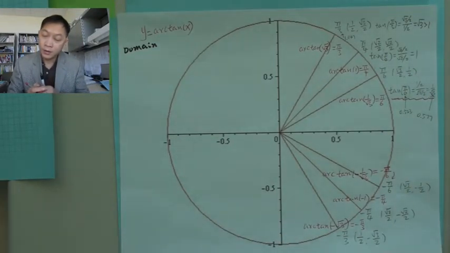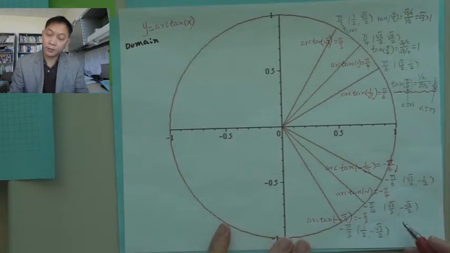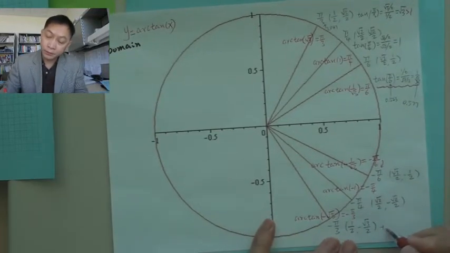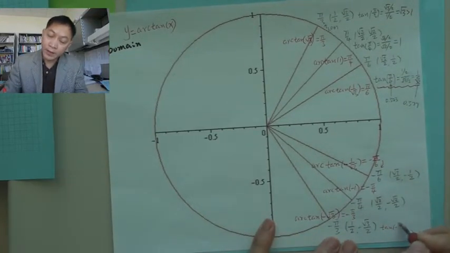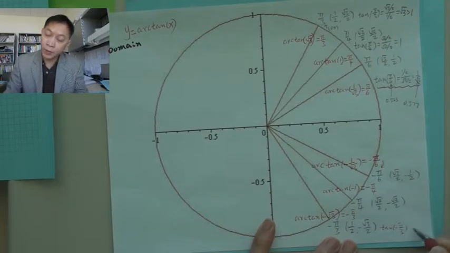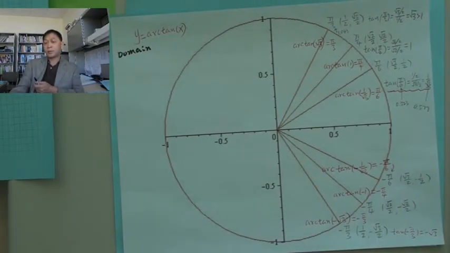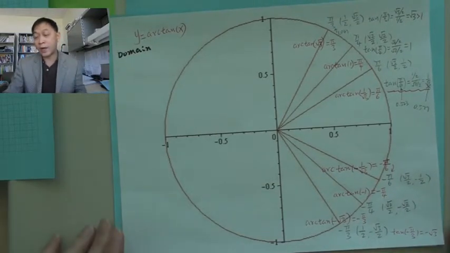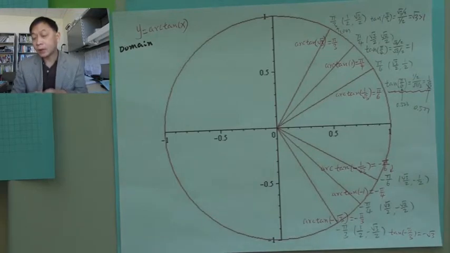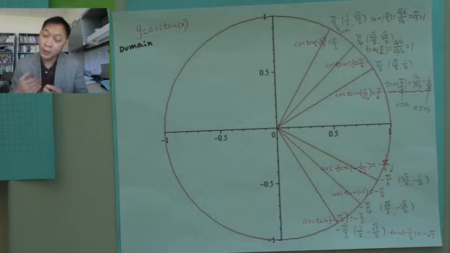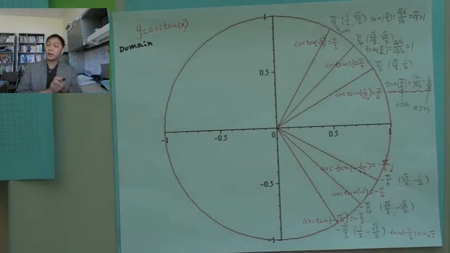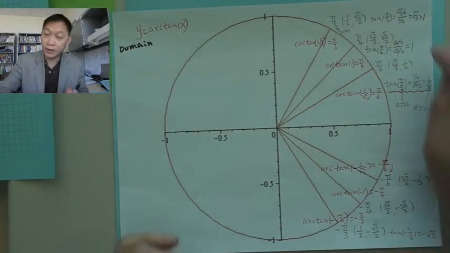And here is the same thing for tangent. Tangent of negative pi over 3 is negative radical 3, so it's less than negative 1. So basically for tangent x, the range can be less than negative 1. Actually, it's from negative infinity to positive infinity.